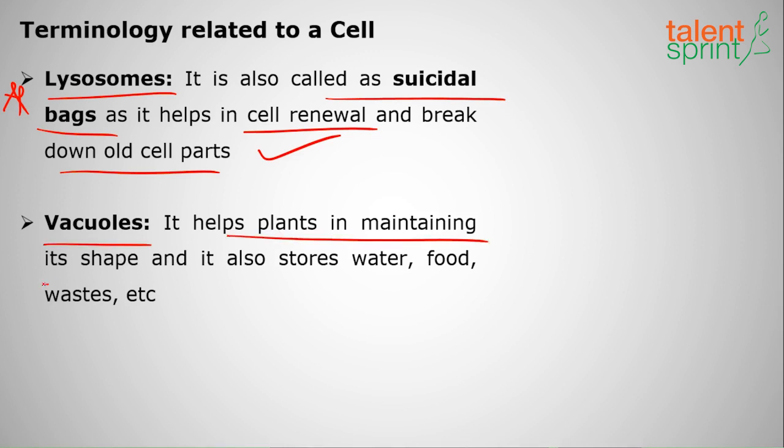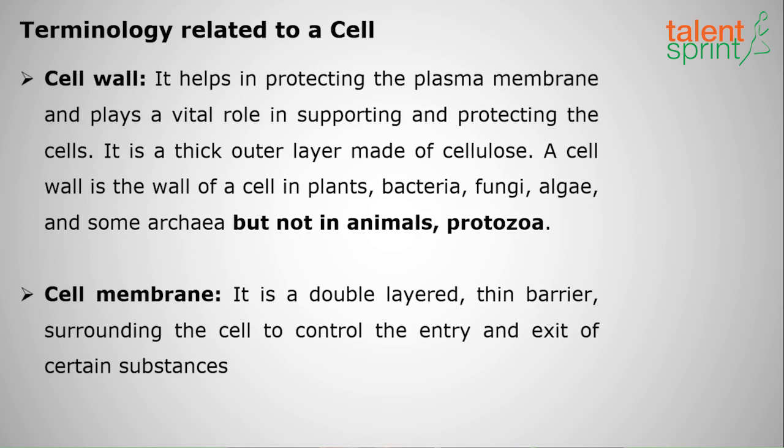Next, vacuoles. They help plants in maintaining their shape, and also store food, water and waste. These are called vacuoles. Next is the cell wall. The cell wall is not present in every organism, but it is present in plants, bacteria, fungi and algae, and not in animals and protozoa.